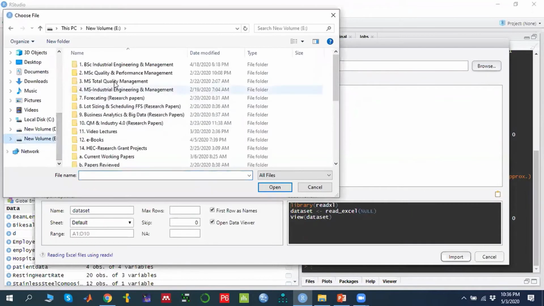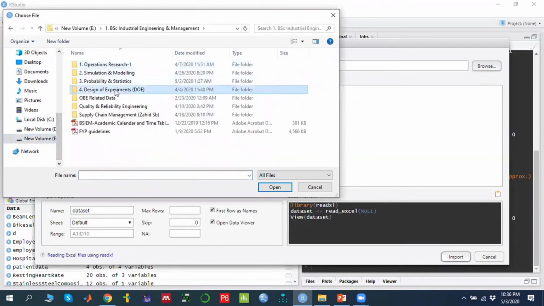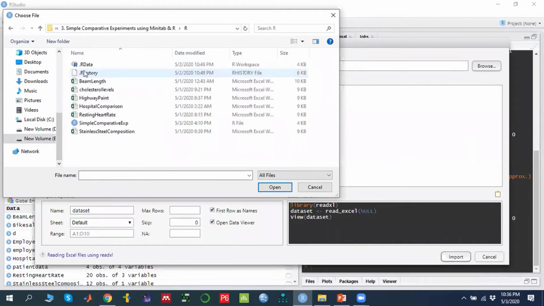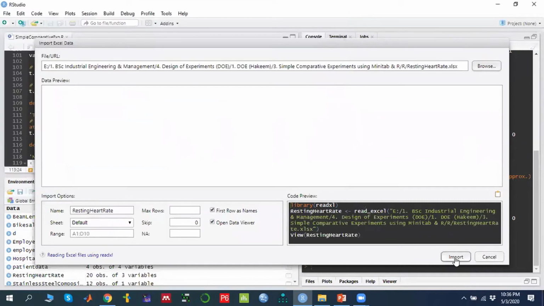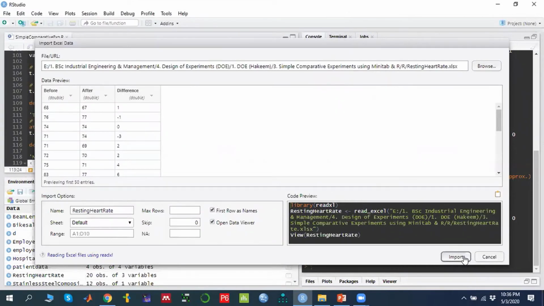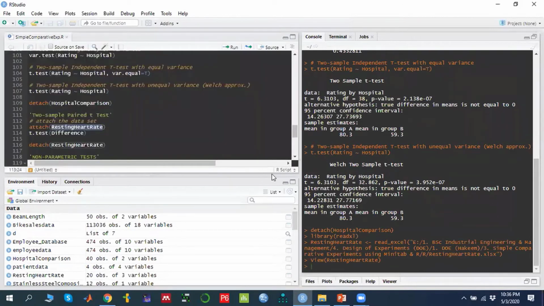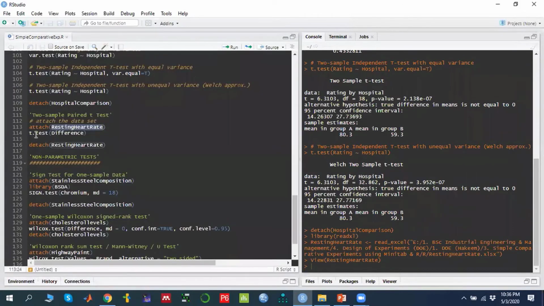I can go there, the data is resting heart rate. Okay, import this data set. So this is the data set before and after the resting heart rate, and this is the difference variable.